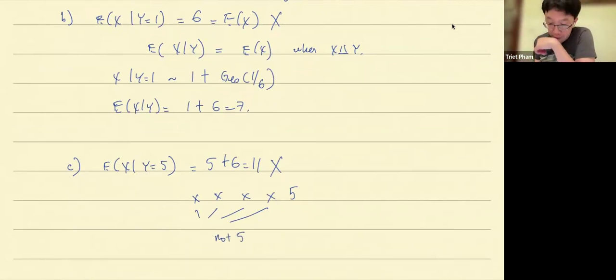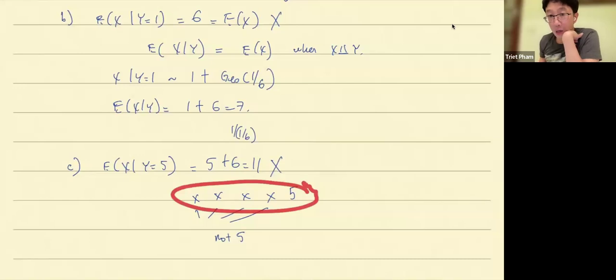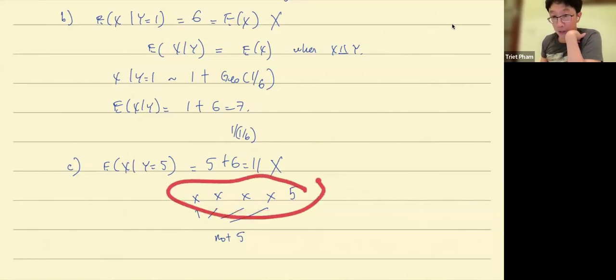So you are only justified to write 5 plus 6, or really 5 plus 1 over 1 over 6, if what you have in mind is that the first 5 tosses are wasted, and then you start again to search for a 6 after that. But here the first 5 tosses are not wasted.